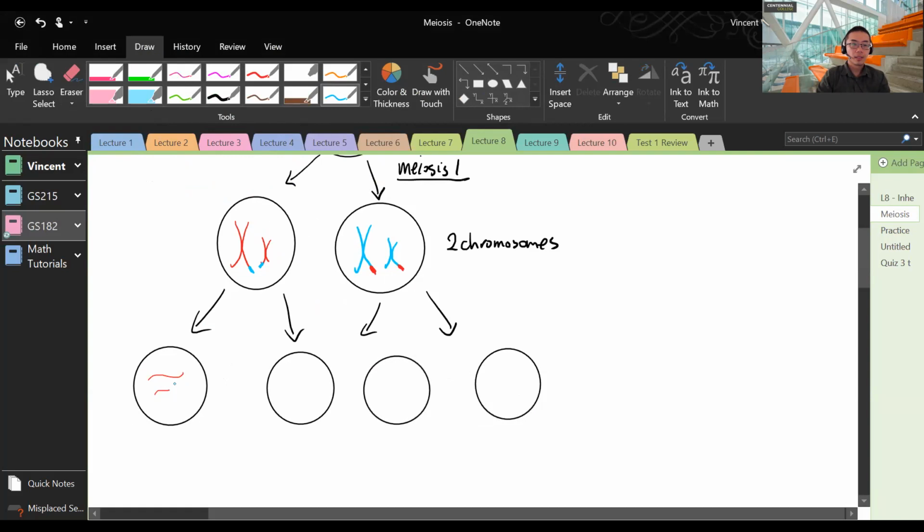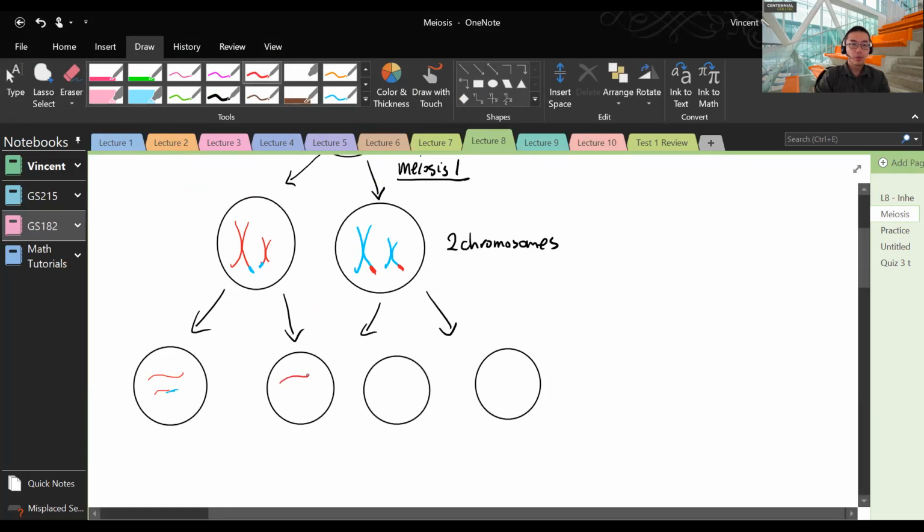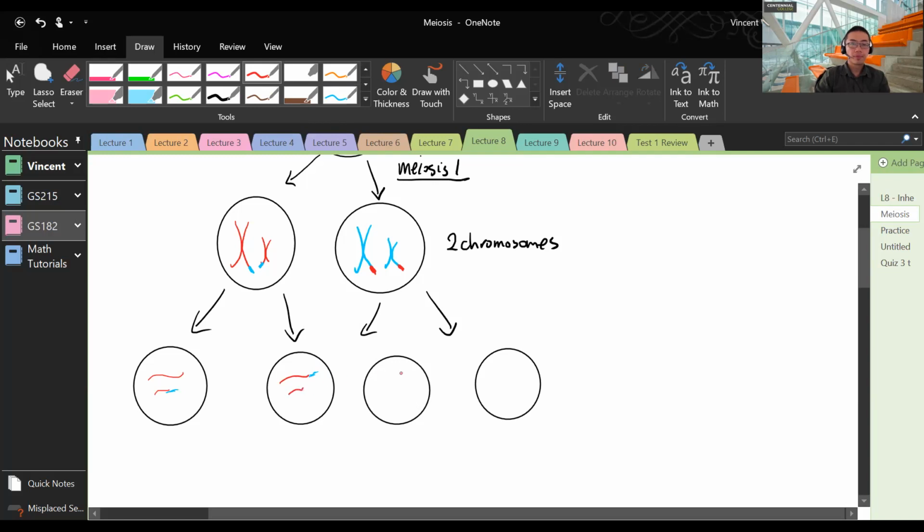And that means the other one will get the longer red with a bit of blue, and then the shorter one. Over here, same thing. We don't really know. It's all a random event. So you might have a little bit of red on this one.